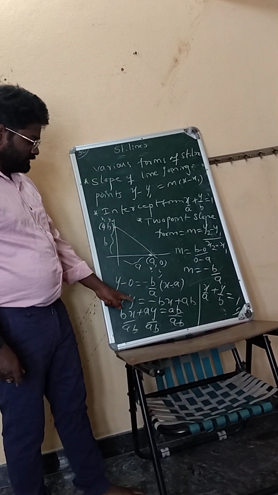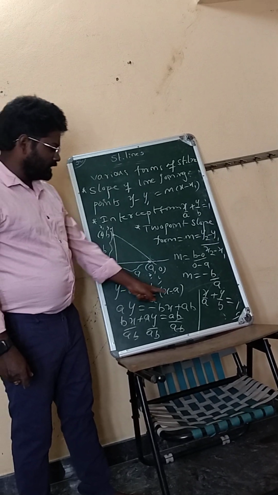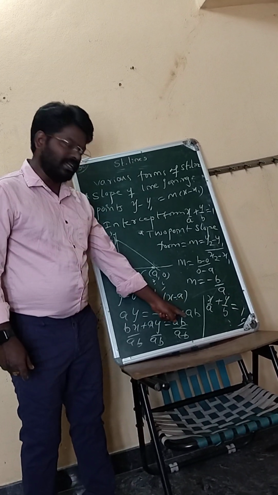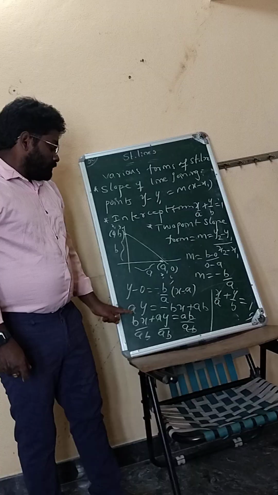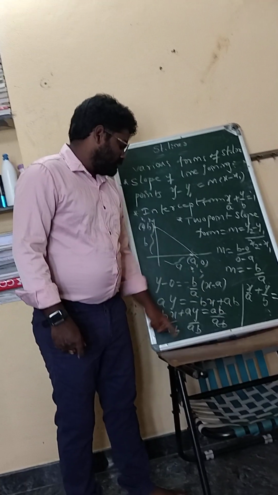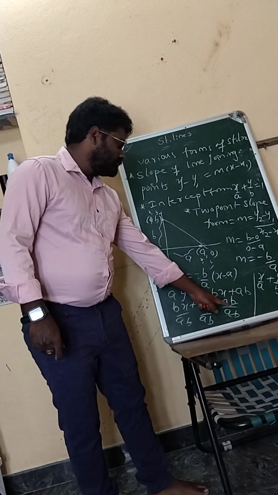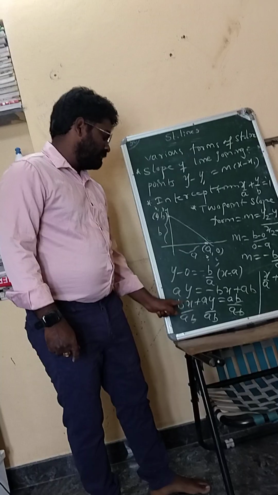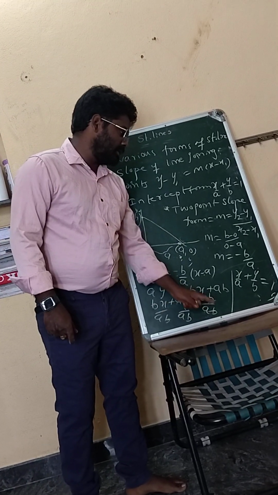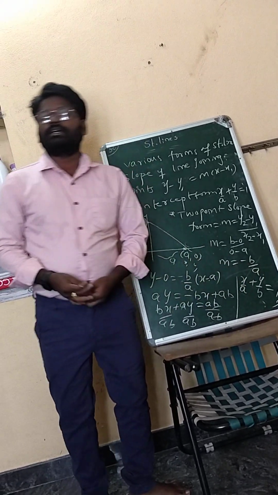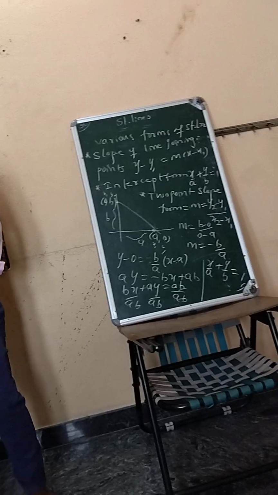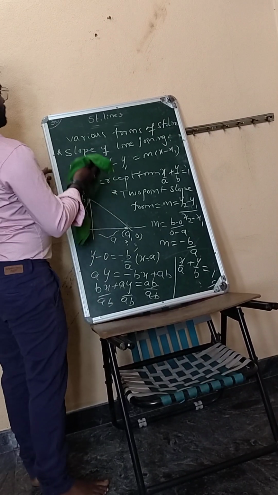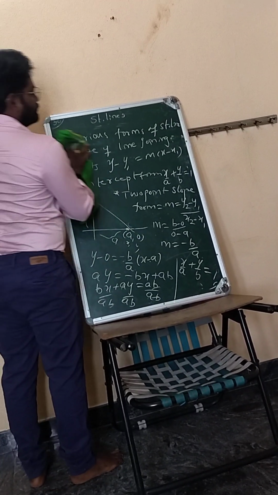A shifted to left hand side, a into y, ay, minus b into x, minus bx, minus into minus, plus ay equal to minus bx plus ab. Both sides divide AB. A, B and B, A and A are cancelled. X by A plus Y by B equal to 1.